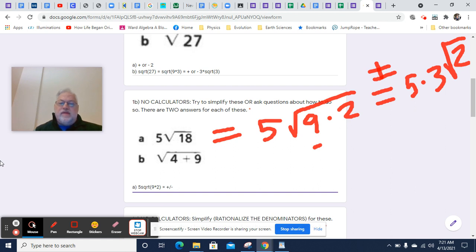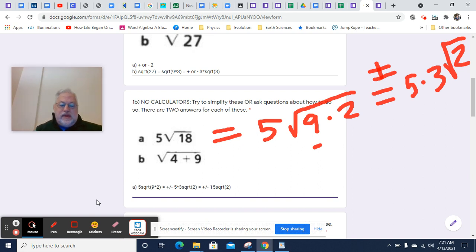Plus or minus 5 times 3 square root of 2, and that's what's left behind. And then we can simplify that into this: 5 times 3 becomes 15. Okay, and I'm leaving a little space so you can really see that minus sign. I know it's tiny on the screen.